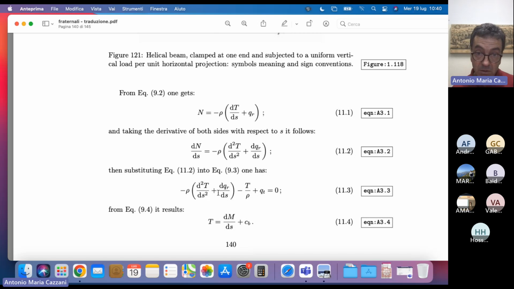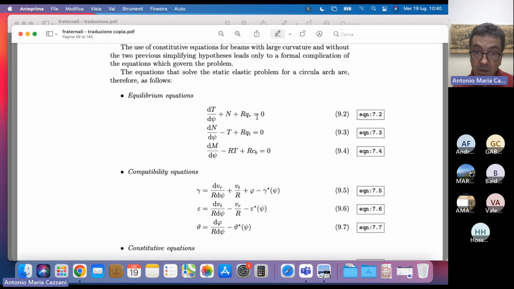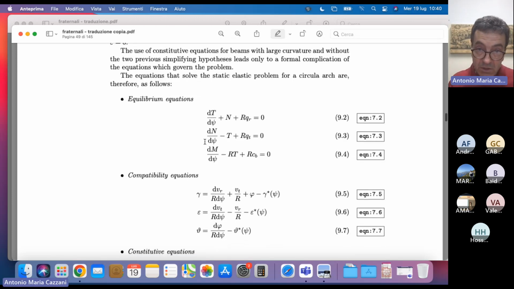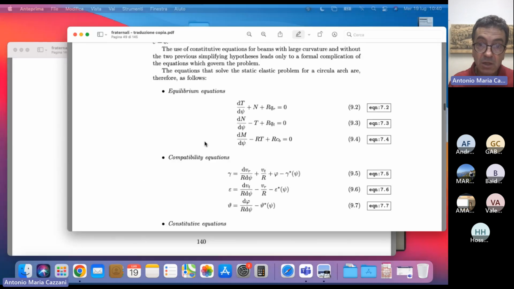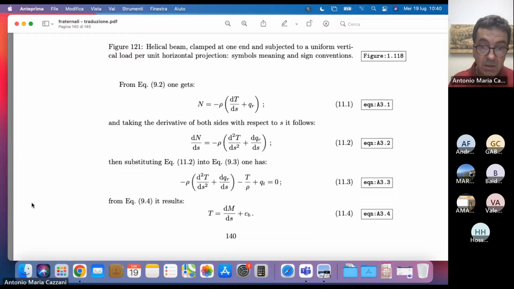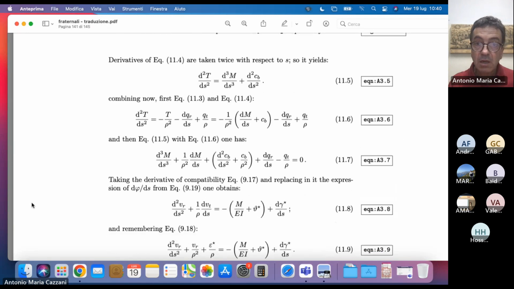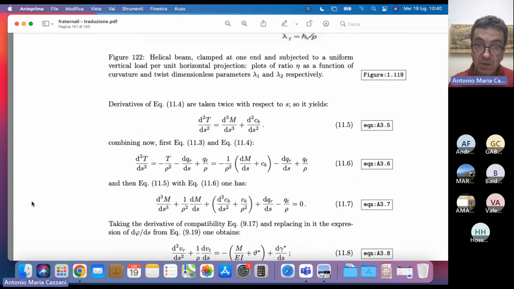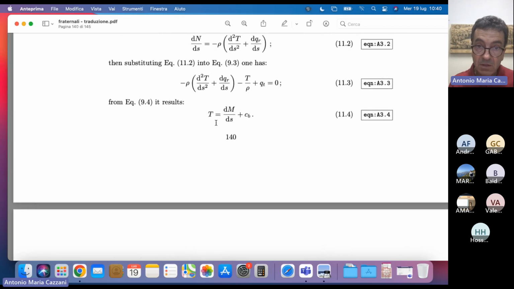Now we use the third equilibrium equation, which is this one. And so we can say that t is linked to the derivative of the bending moment. So if we use this equation, we can take the second derivative of t here.